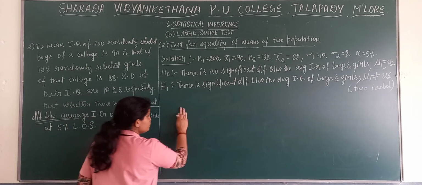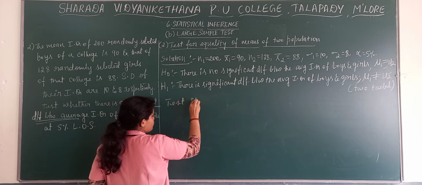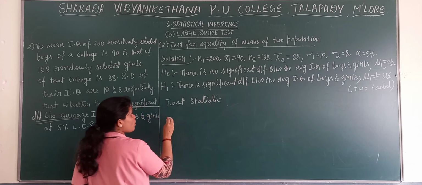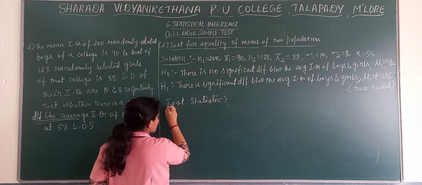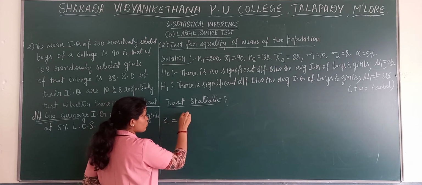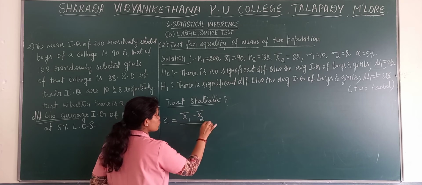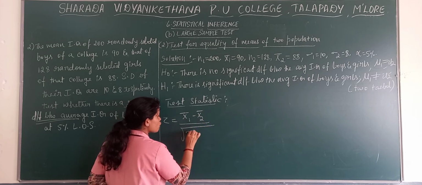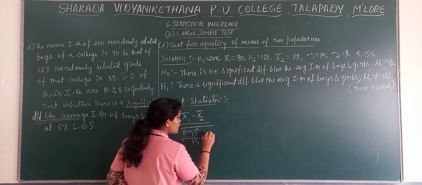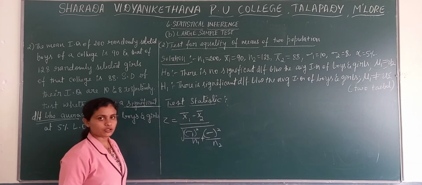Now here, test statistic. Take the formula. What is the formula here? Your formula goes like z is equal to x bar 1 minus x bar 2 divided by the root of standard deviation 1 square divided by n1 plus standard deviation 2 square divided by n2.